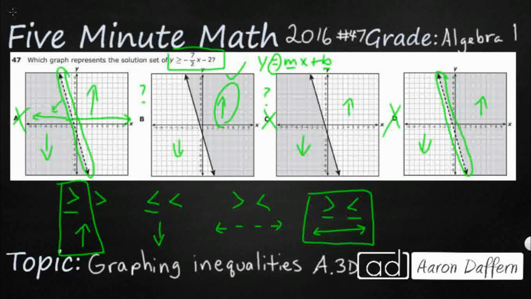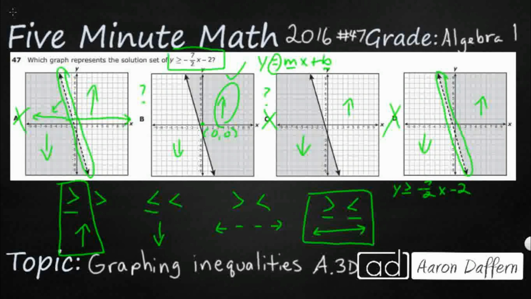Okay, so let's pick something that is supposedly in the solution set. All right, so you know what? When in doubt, make it super easy. Let's use the origin, 0, 0. We're going to plug that back in. Y is greater than or equal to negative 7/2 x minus 2.